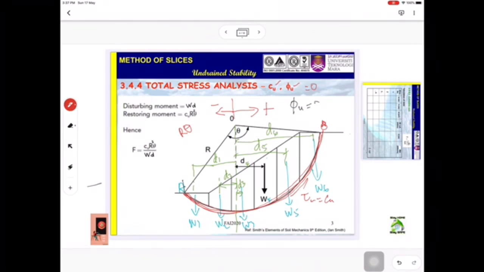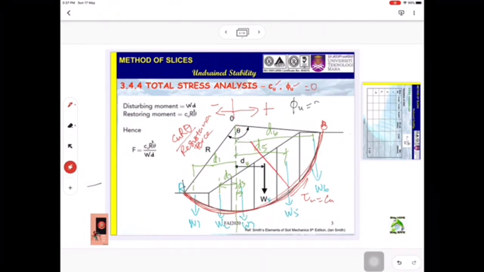That is your resistance force, and the distance is r, the distance from O to the outline AB.